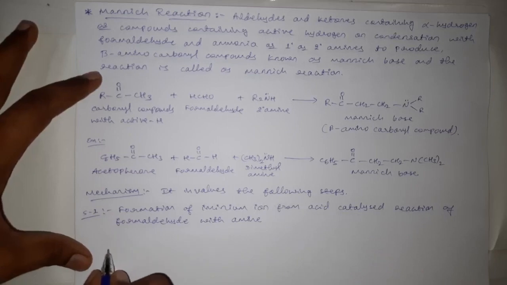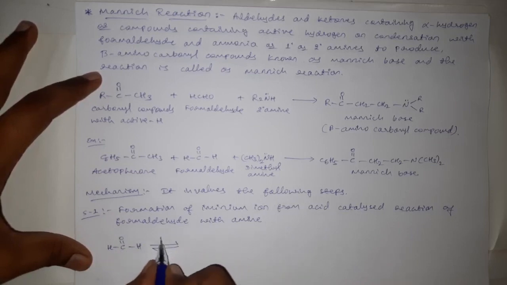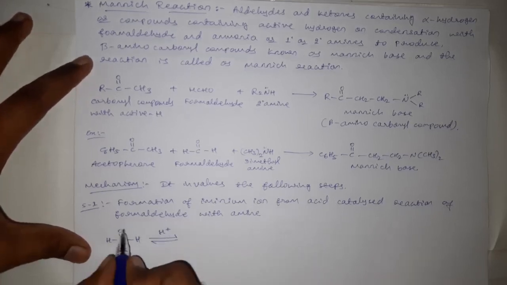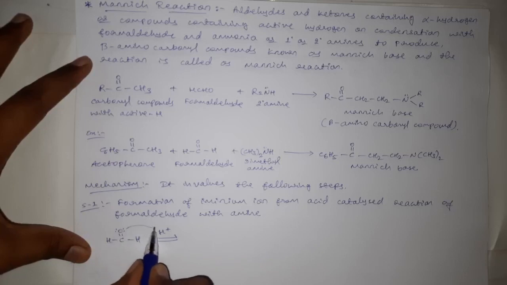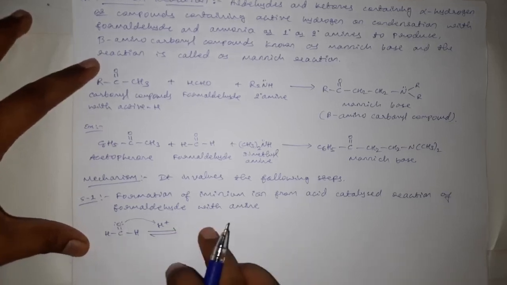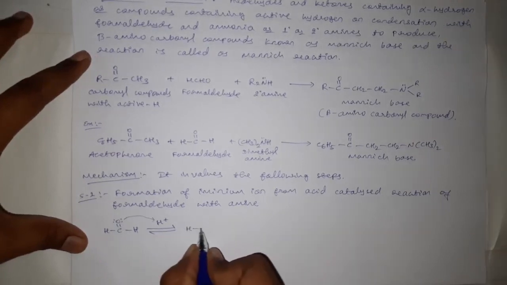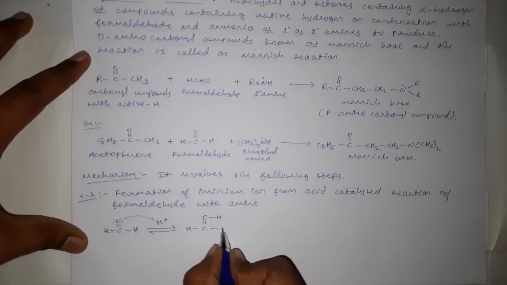See here we have formaldehyde, C double bond O, H. This formaldehyde will undergo attack by the H plus of the acid. The lone pairs of electrons present on the oxygen will drag this hydrogen, that is the H plus ion, from the acid, and here we will get H, C double bond O, H, H.